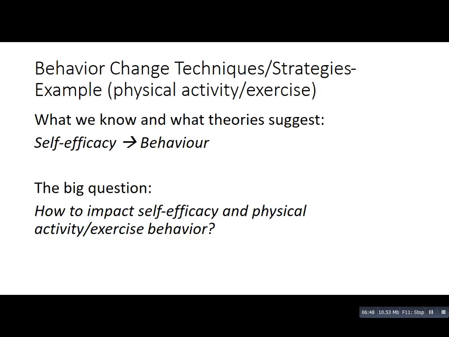For example, the more confident I am that I can be physically active, the more likely it is that I will actually do more physical activity. This is suggested by the theory of planned behavior, the social cognitive theory, and a few others as well. But the big question here is, how do I impact self-efficacy and physical activity and exercise behavior? I only know self-efficacy is important, but how do I impact self-efficacy?